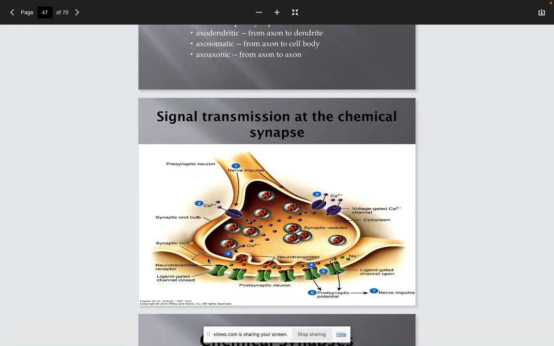This space in here is called the synapse. Okay. This is the synapse. This is the area between the presynaptic neuron and the postsynaptic neuron. And this chemical messenger is coming from the presynaptic neuron and is going down to here to the postsynaptic neuron. And it's containing a chemical message. It's going to make something occur down here.